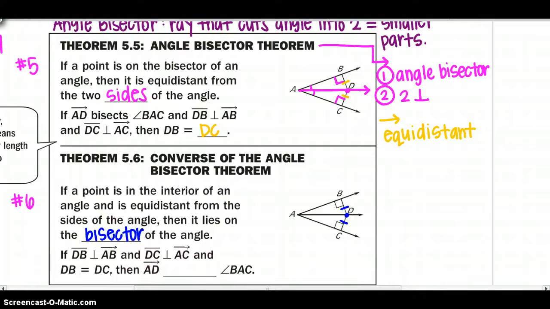So again, looking at the picture, if BD is perpendicular to ray AB, and DC is perpendicular to AC, and I also have equidistant sides, then my final answer can say that ray AD bisects the angle.